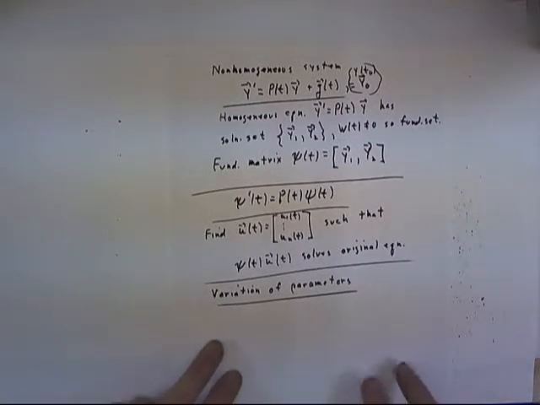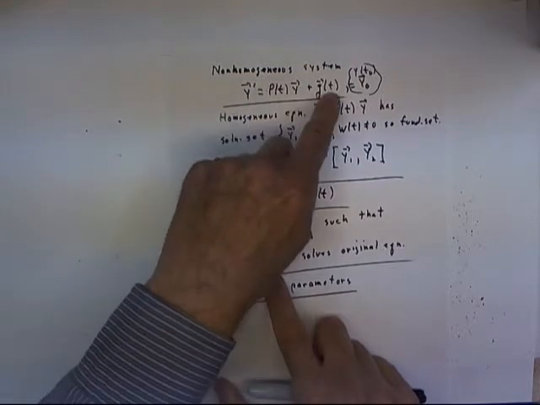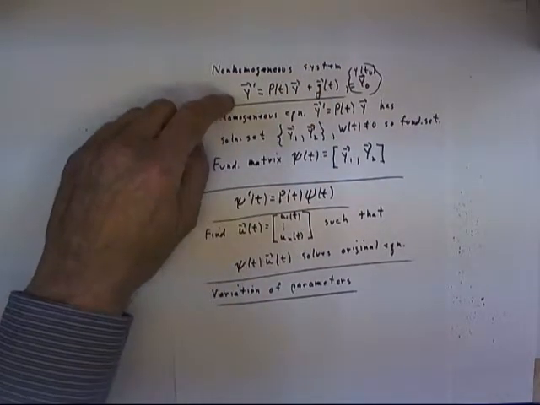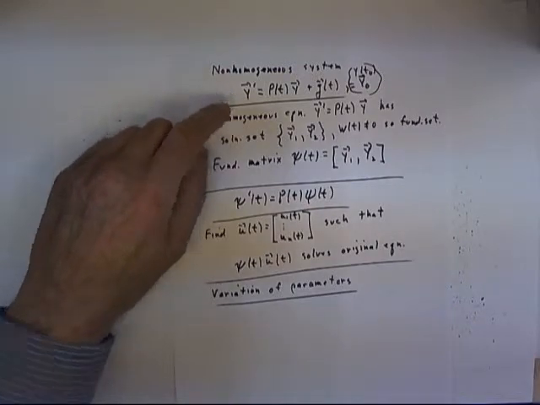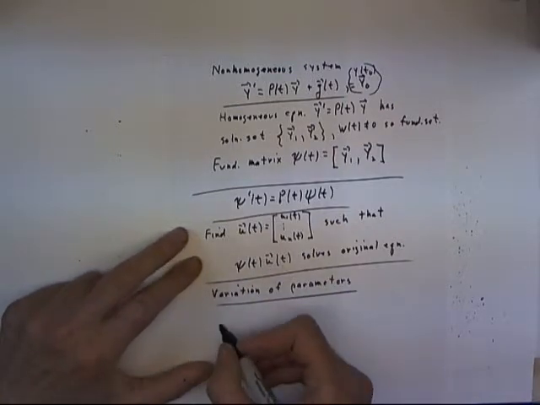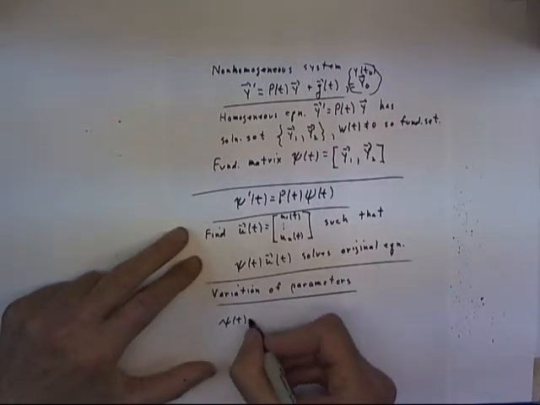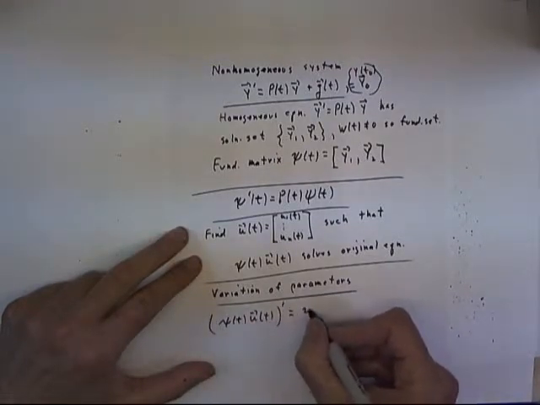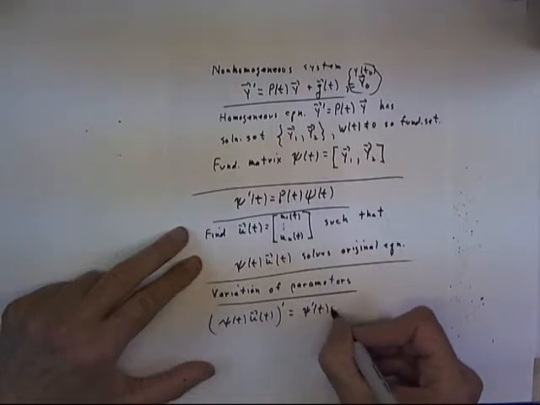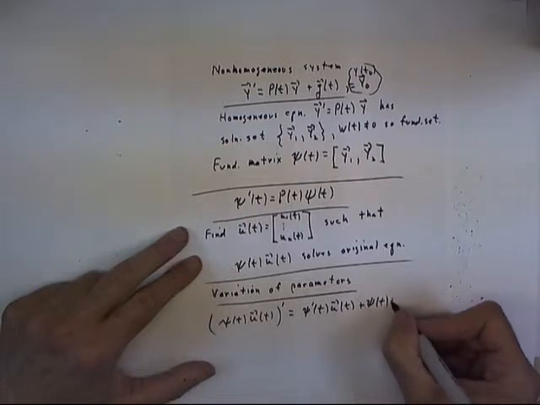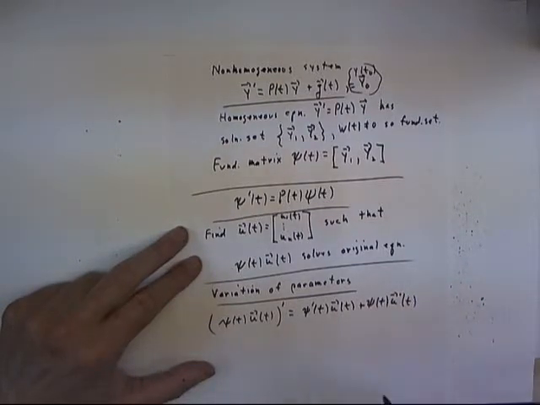So to begin to apply the variation of parameters, what are we going to do? Well, we're going to plug this solution back into this equation. Now, that's very easily done. We first have to find an expression for the derivative of this function, but that's easily done. We just apply the product rule and we get psi prime of t u of t plus psi of t u prime of t.